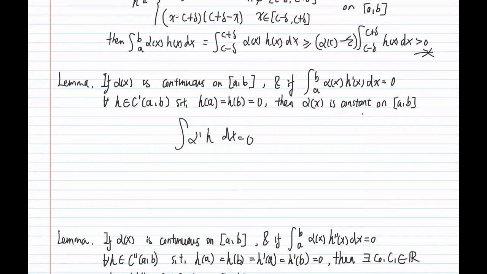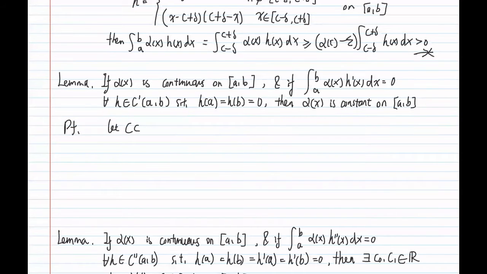But we don't have that condition, so we have to find a different proof. How do we do this? We do it by explicitly constructing a constant that should equal alpha. So let's prove it.